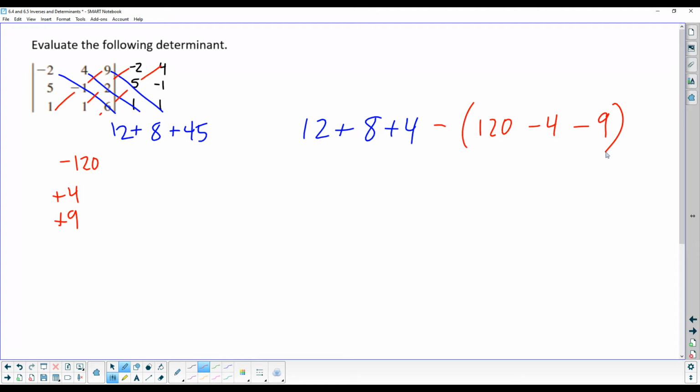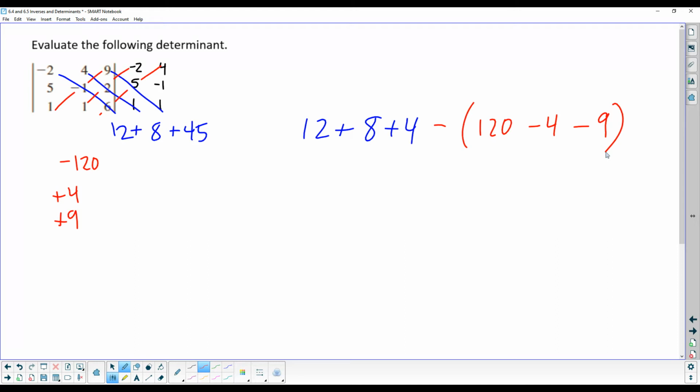What did we get? Let's make sure we all get the same. I got negative 83.